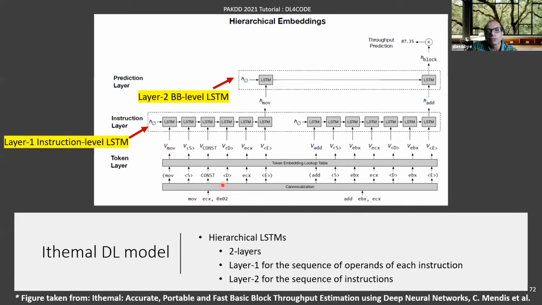Okay, so these are first canonicalized. For example, the way the canonicalization works is you have your move, and then S will stand for your source, which is your constant. So this instruction mainly means move the hex value 0x02 to the ECX register. Destination register, which is canonicalized by D, is your ECX, and then this is your N token.